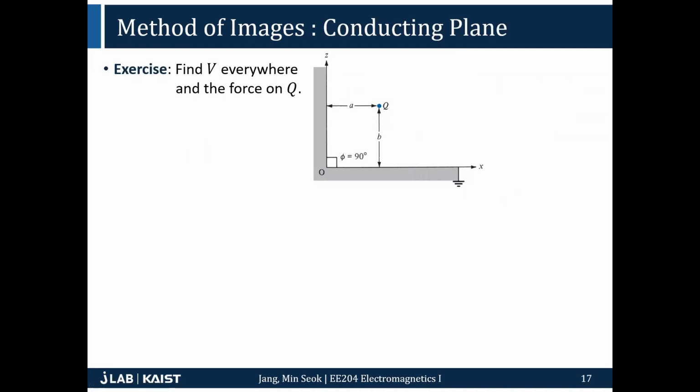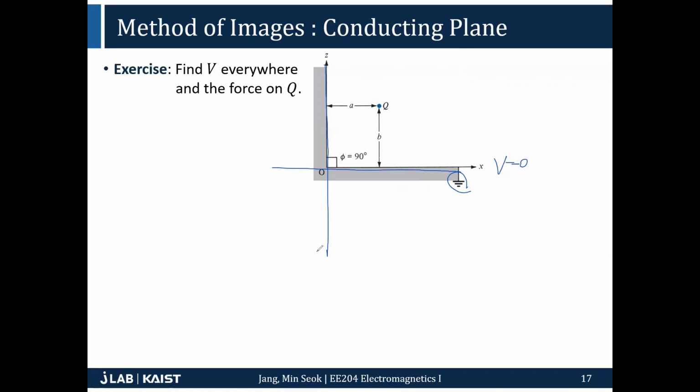Here is another example. In this case, you have two boundaries. One is this, the other is this. Both of these are grounded, V equals 0. So can you tell me where to put image charges?